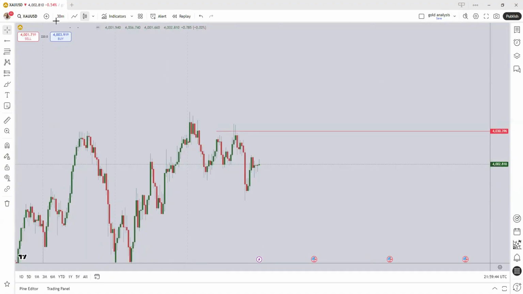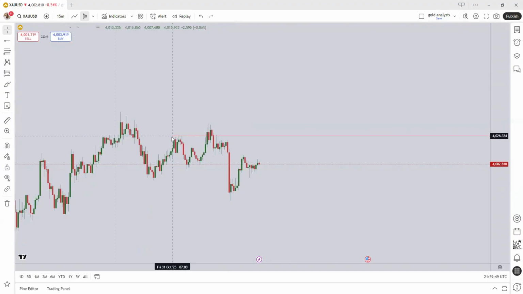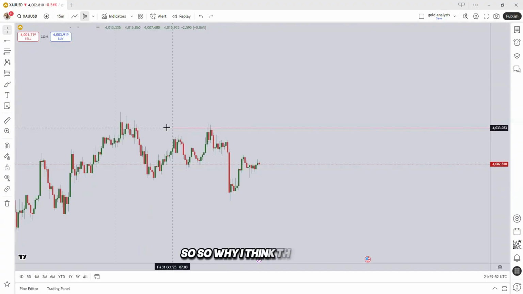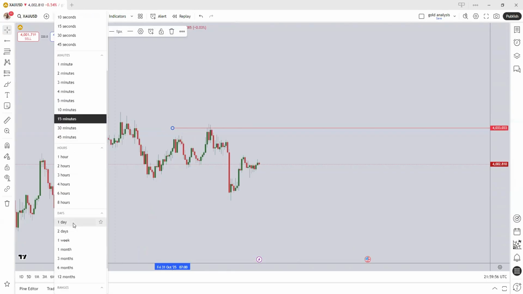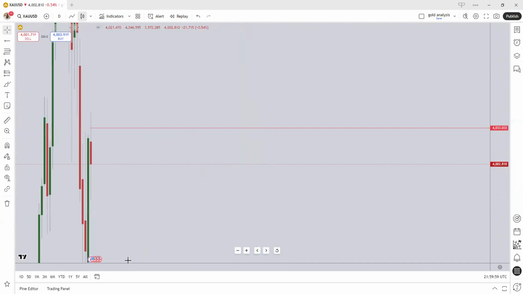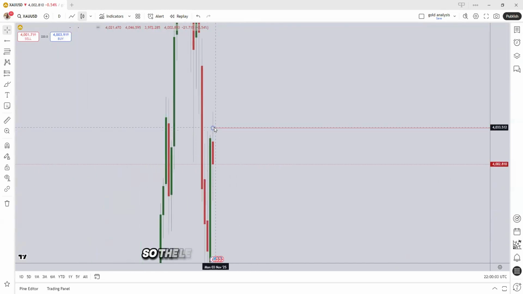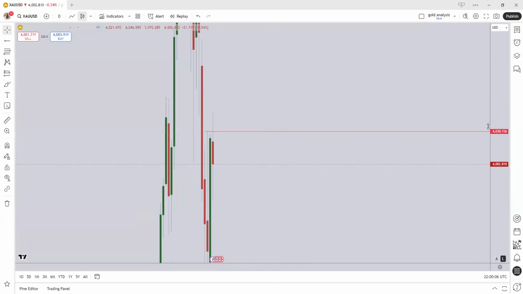The 15, and I picked this trade from somewhere. Yeah, I think it's here. So why I picked this trade? Let me show you again. So on the daily, this is where the level is. So the level is here on the daily, right? That's where it is.